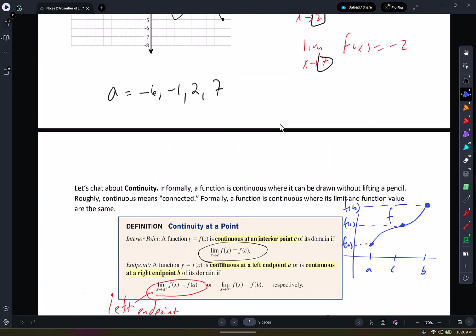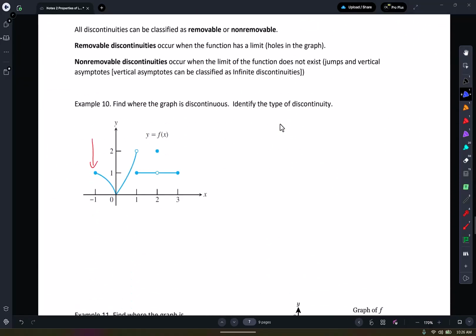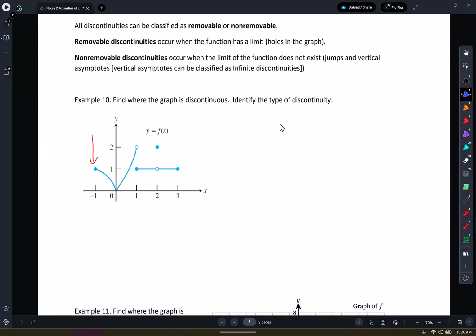So, of course, on an endpoint, you're continuous. So you're continuous at -1, right? There's no hole there. What about at 1? Are you continuous at 1? Okay, discontinuous at 1. What type of discontinuity is that?